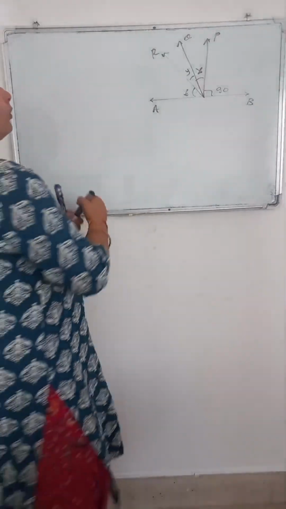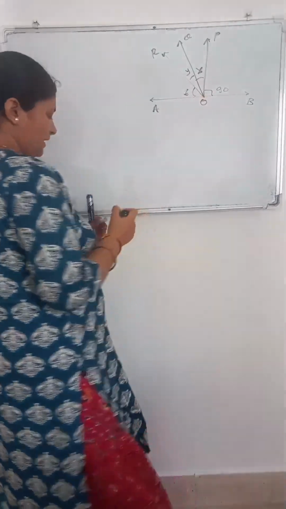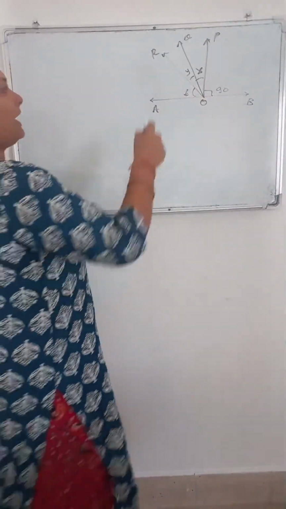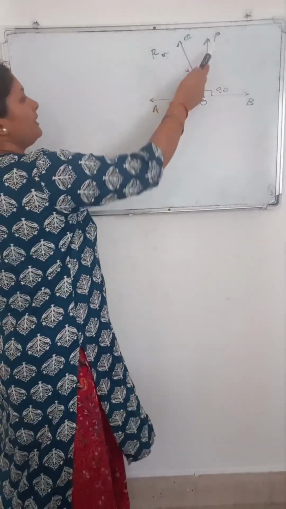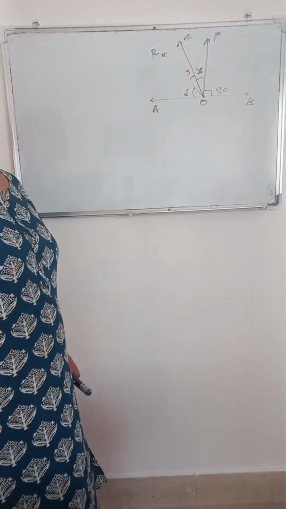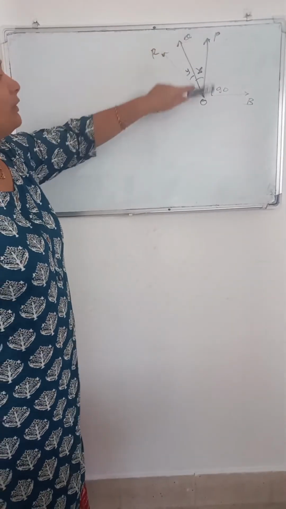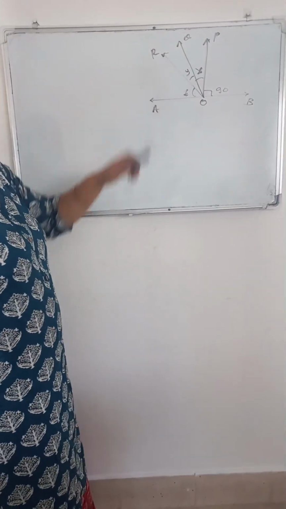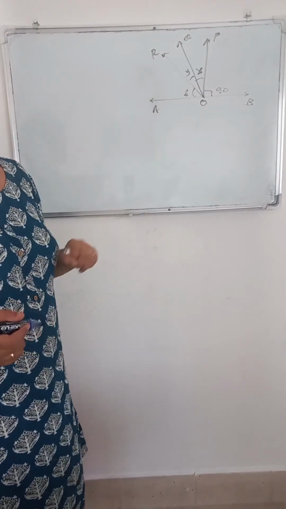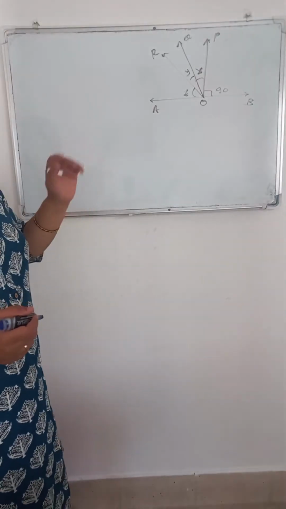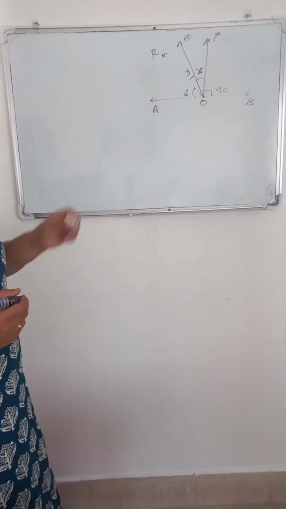Here B, this point is O. It is very clear, no? Angle POB is 90 degrees. Then angle POA is also 90 degrees. Then in angle POA, x, y, z are the small angles. And if we combine them, then you will get the answer 90.